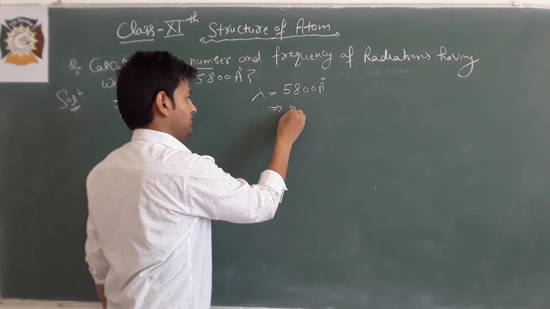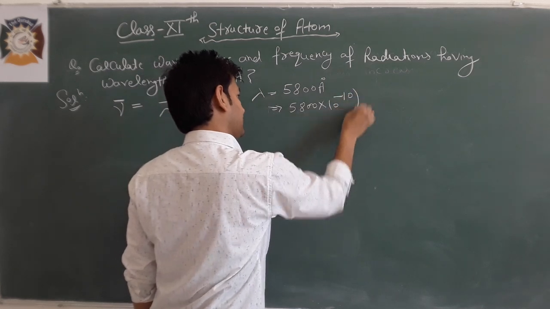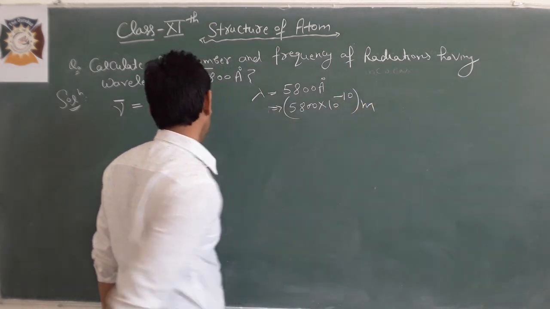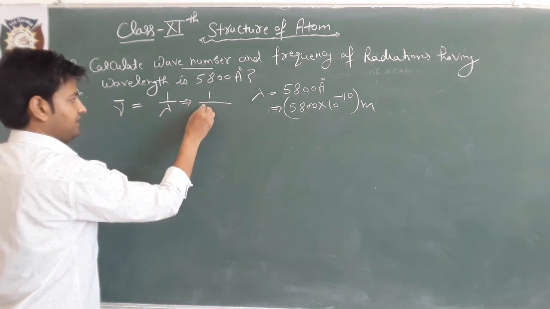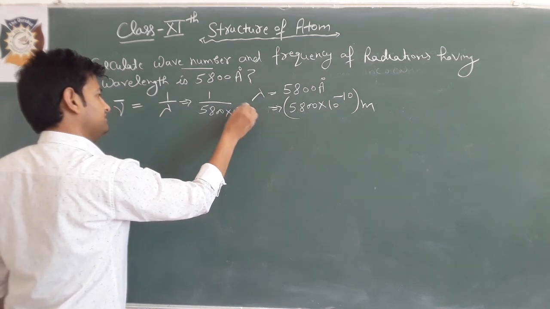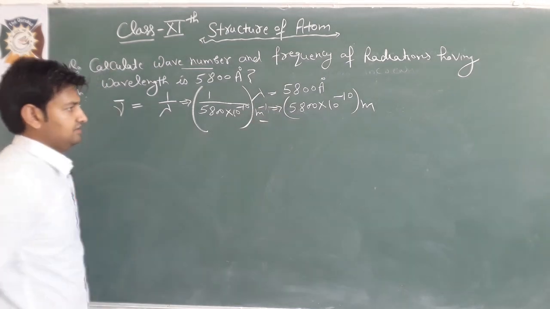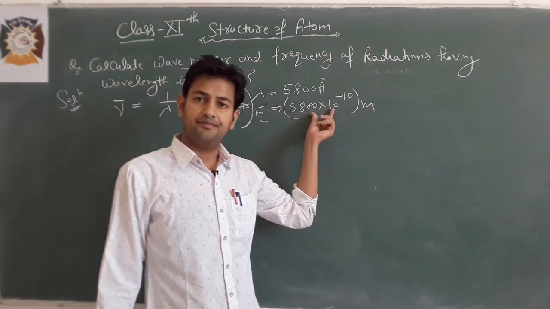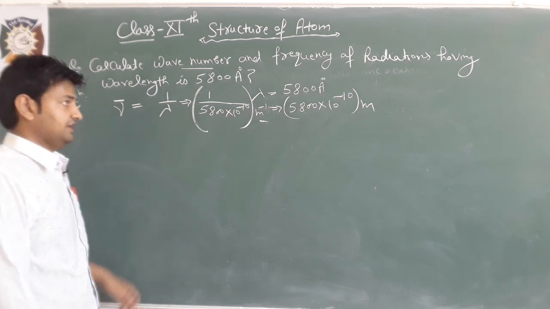So it is 5800 into 10 to the power minus 10 meter. So you can calculate wave number. It is 1 by 5800 into 10 to the power minus 10 meter inverse, because wavelength is in meter. So wave number is 1 by 5800 this.